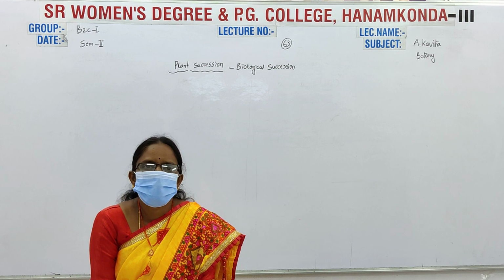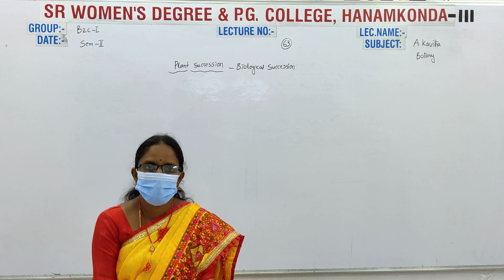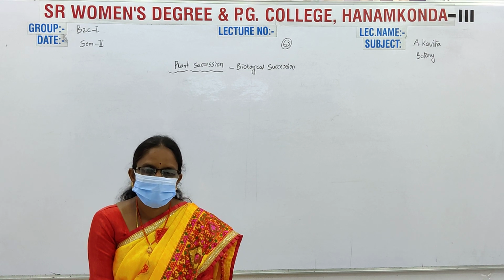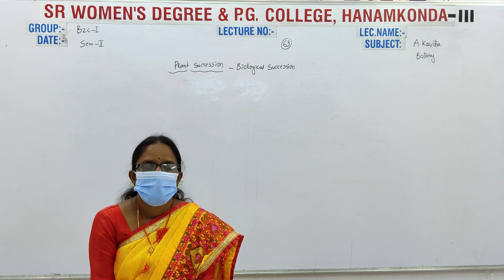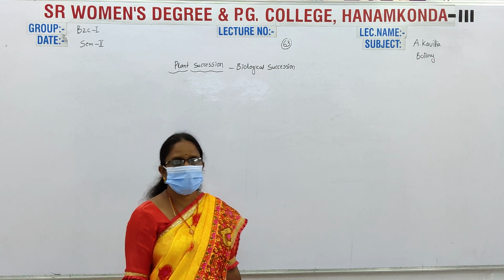Two topics are very important in plant succession: Hydrosere and Xerosere. These two are essay questions in your annual examination.